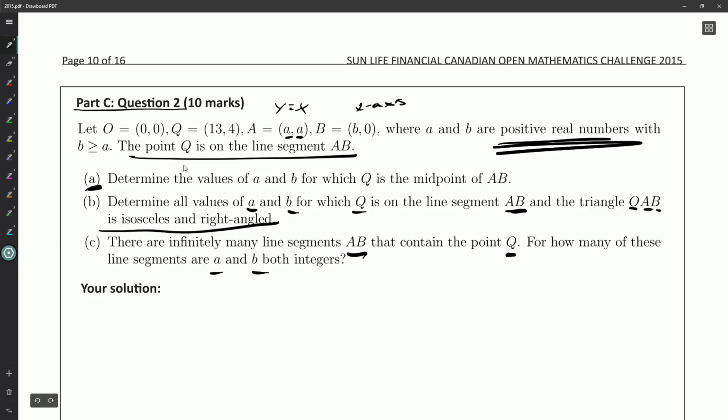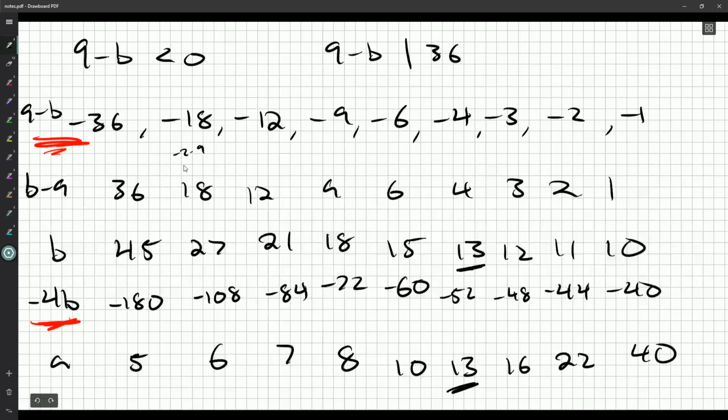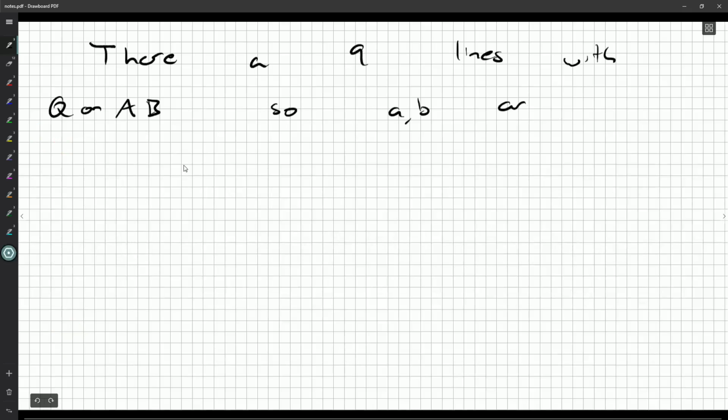Now, did they ask for how many, or did they ask for all pairs? For how many of these line segments are a and b both integers? Well, we did a little double check, although we could have answered a while ago. There are 9 lines with Q on AB, so that a and b are both positive integers.